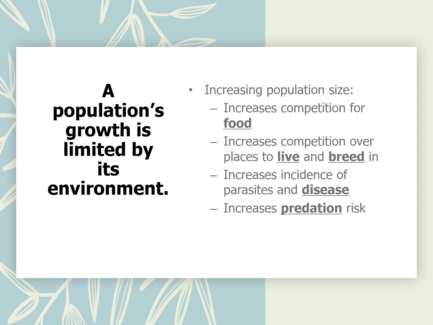And then, of course, we also have a higher risk of predation in higher populations, so more risk if there is more of the population to be consumed, essentially. But there is also a limit if there is too high of a predator population as well, and we'll talk about what that looks like here in a second.